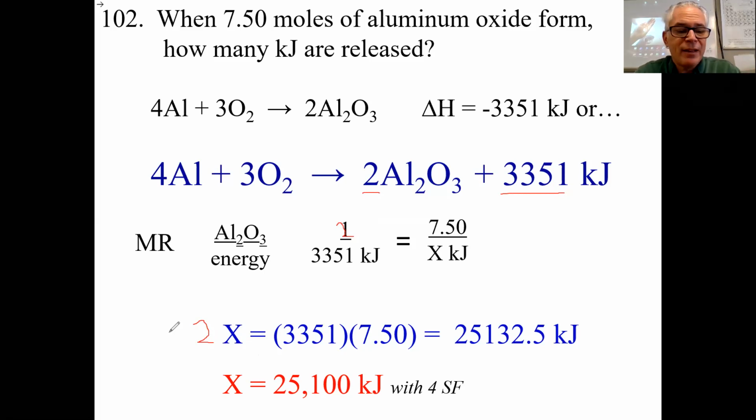So when we cross multiply, we get 2x. And then we're going to have to take this number, 25132.5, and divide that by 2. And the answer, x, is going to be 12,566, but we only get 3 significant figures, so it's going to be 12,600 kilojoules.